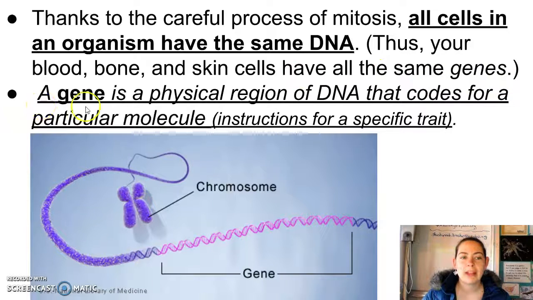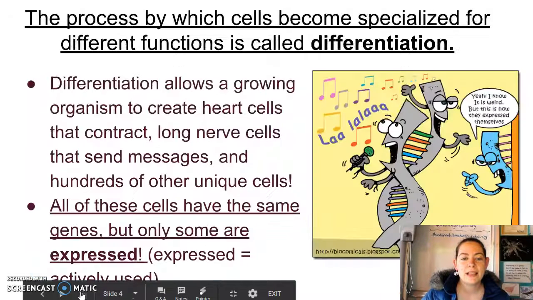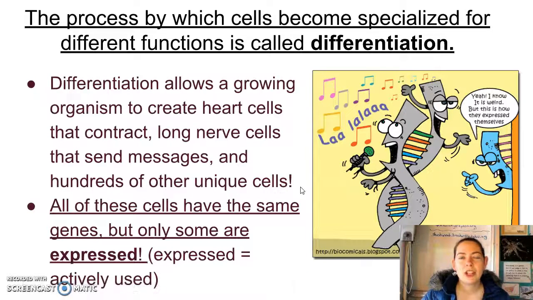So remember that a gene is a physical region of DNA, like an actual spot on your DNA that codes for a particular molecule, usually a protein. So a gene is the instructions for a certain protein or molecule. And so all the cells in your body have the exact same DNA, but they can become different by changing how they use that DNA.